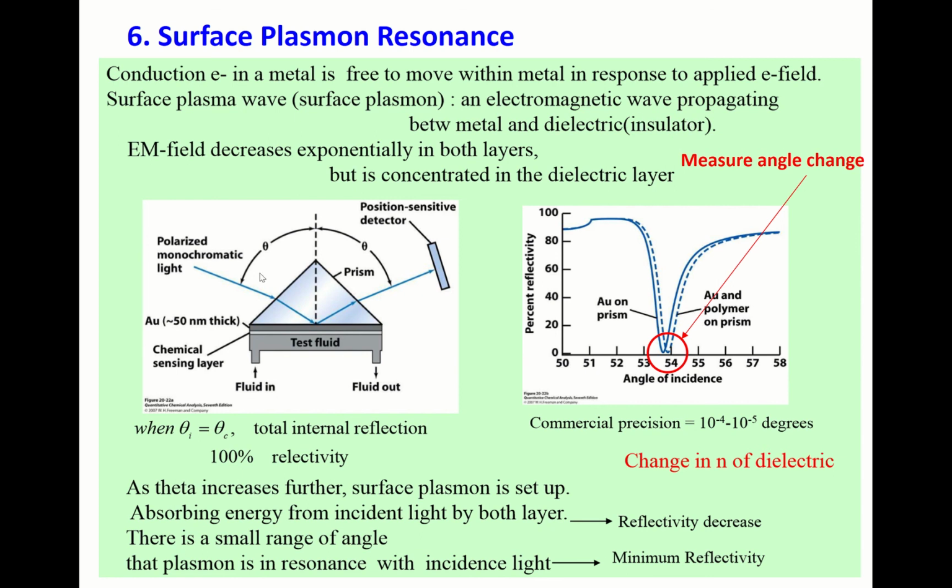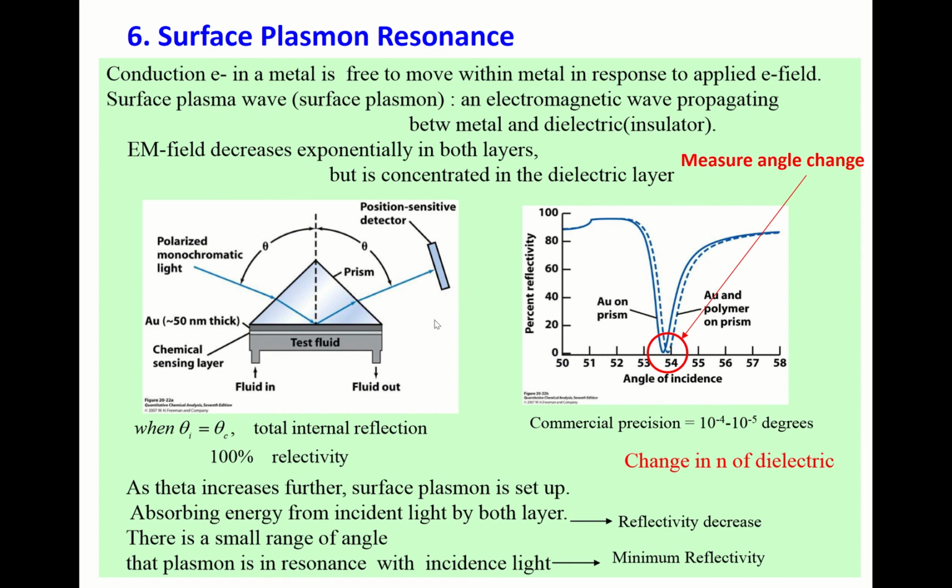Okay, look at this one. This is the gold. Gold is coated on the surface, and here is a chemical sensing layer, and then you send your light from this side, and it's reflected from the gold surface.